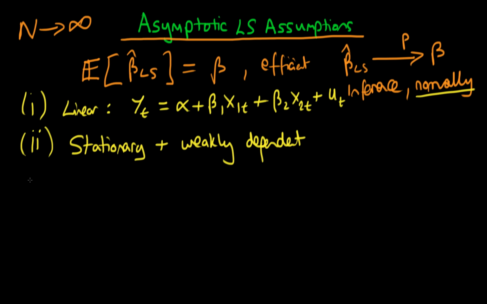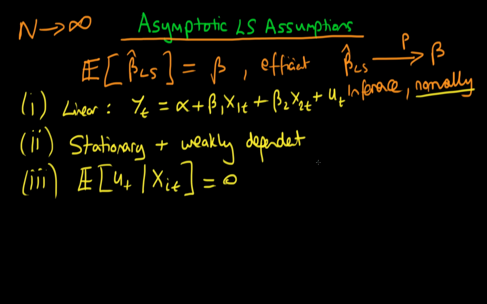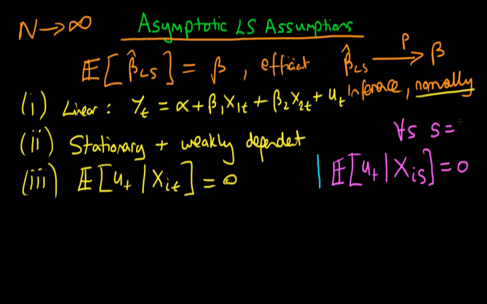The third assumption which we require is that the expectation of the error term u_t, given the values of all the independent variables at that particular point in time, has to be equal to 0. And note that this is less restrictive than the strict exogeneity assumption, which said that the expectation of u_t given all my independent variables x_i at any time s had to be equal to 0, because this relationship had to hold for all s, including the circumstance where s equals t.